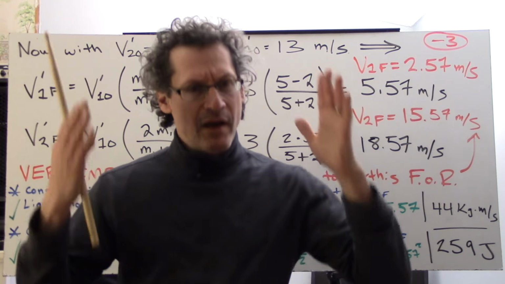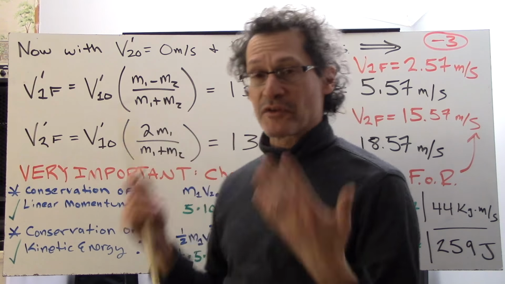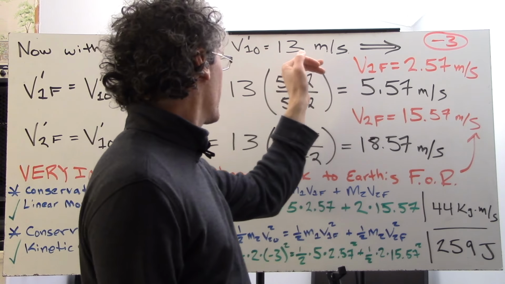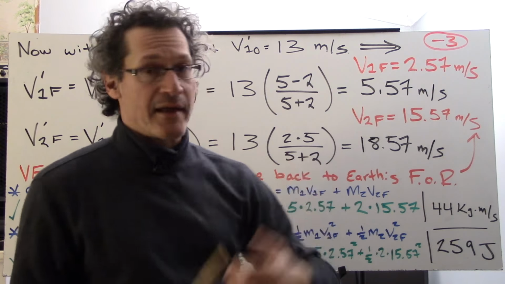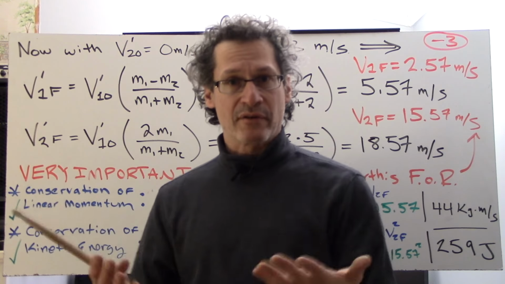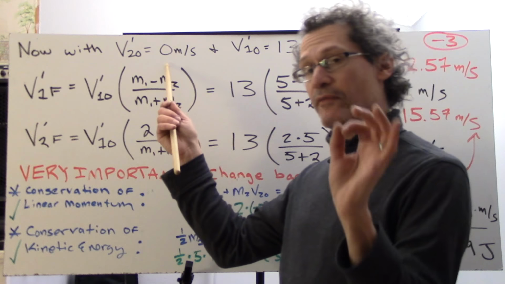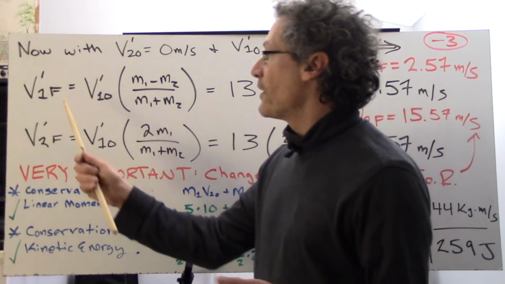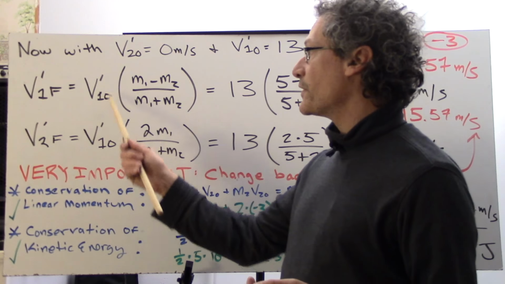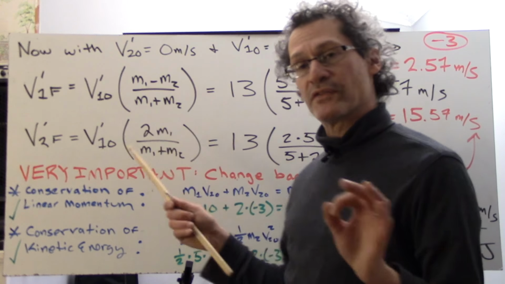Okay, here we go. What we have is v2 naught as 0 meters per second, as established before. We have v1 naught as 13 meters per second. And we're going to perform the calculations based on the derivation that we can use where one of them is stationary. This is stationary from this frame of reference. So v1 final prime equals v1 naught prime times m1 minus m2 over m1 plus m2, that stays the same as before.